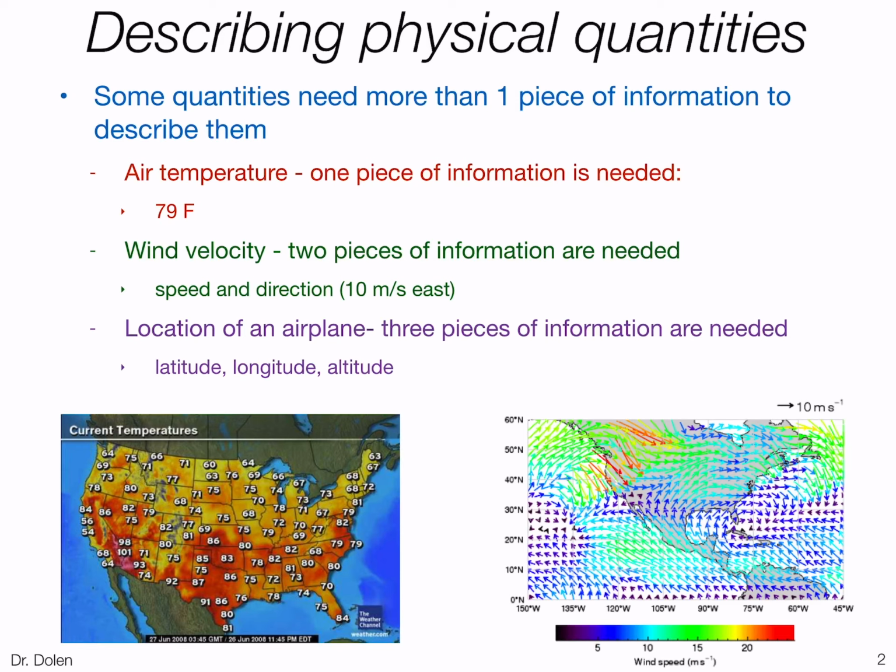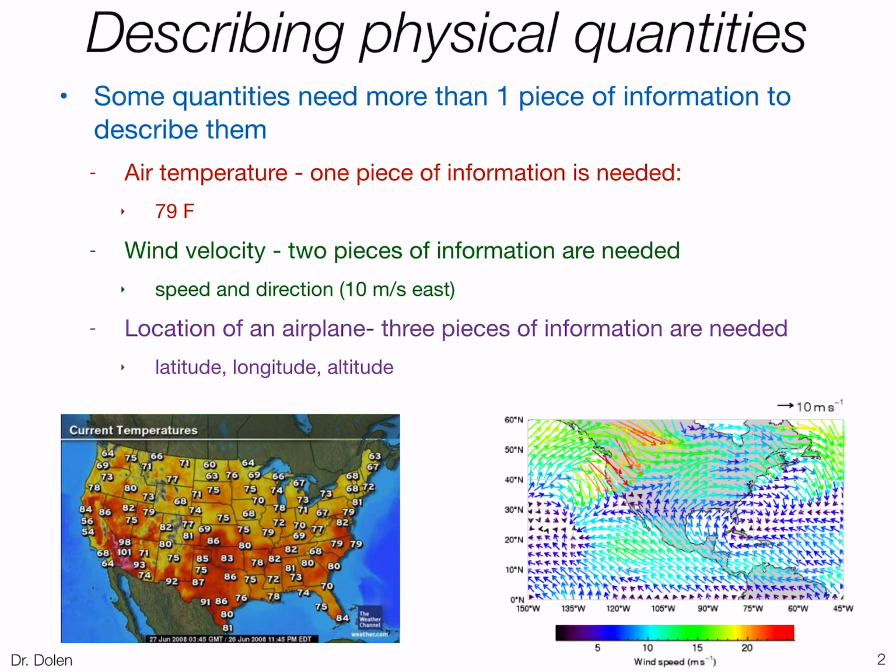Okay, we have an example of that on the bottom right here: a map of the US showing the wind velocity at every location, where an arrow points in the direction of the velocity of the wind, and the length of the arrow and also the color of the arrow denote the magnitude of that velocity. Right, so over in the west coast, you see the red arrows.